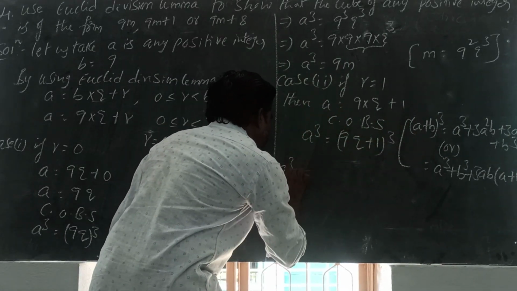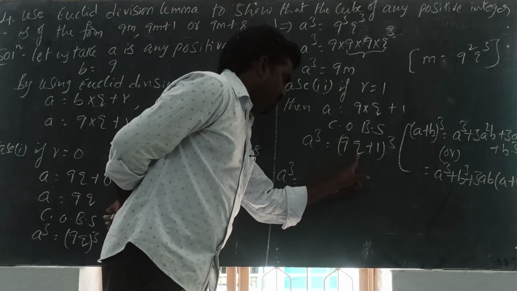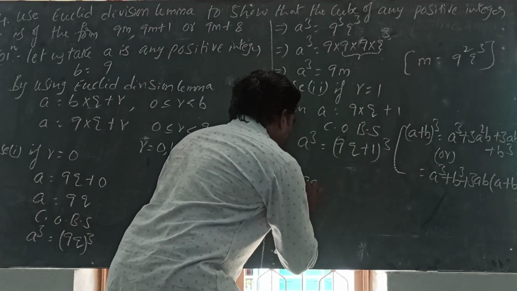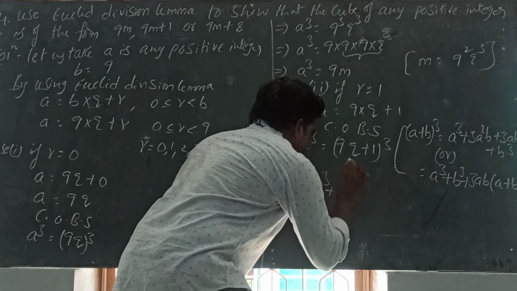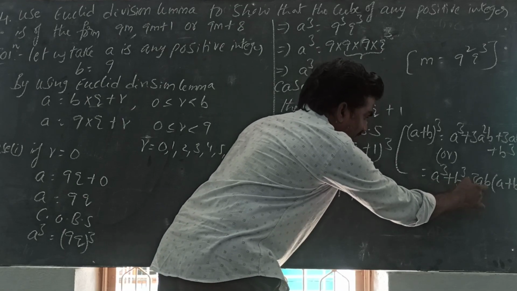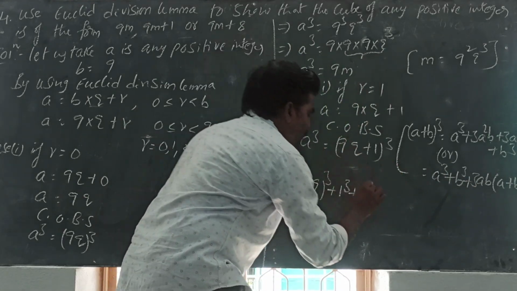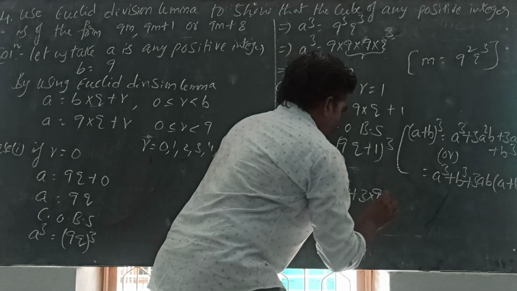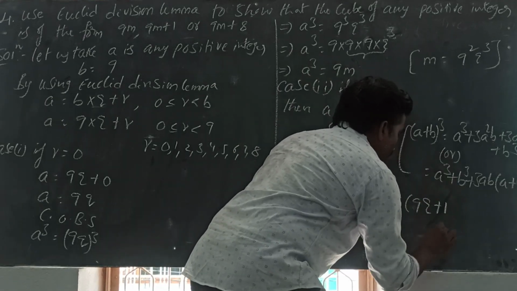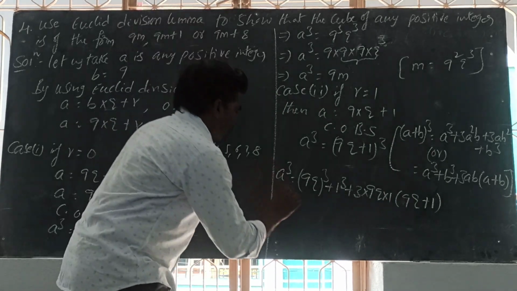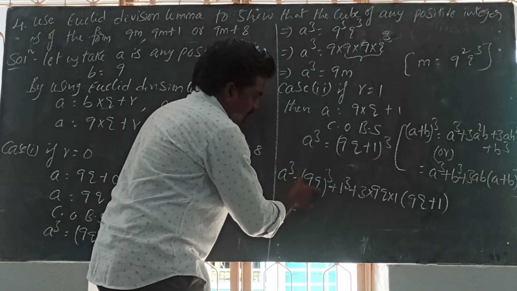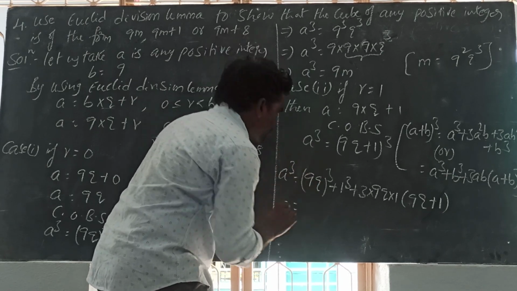That is, a cube is equal to... here a is 9q, b is 1. So (9q) whole cube plus 1 cube plus 3 into 9q into 1 of (9q plus 1). Here (9q) whole cube, we can use the formula (ab) whole power m equals a power m into b power m.